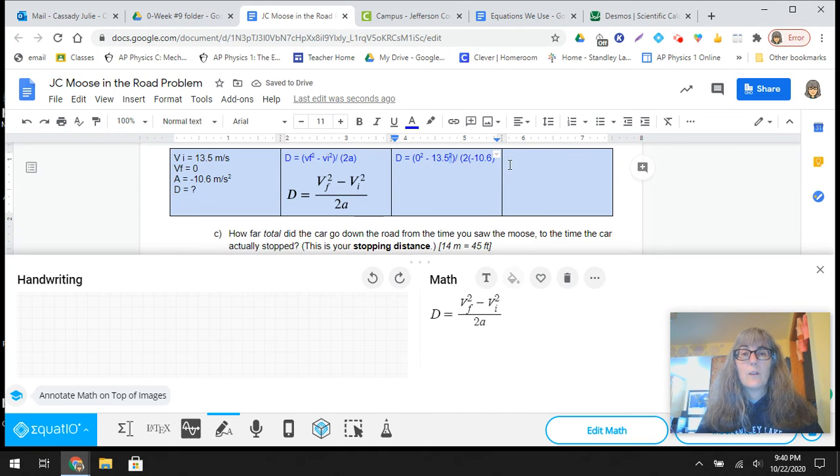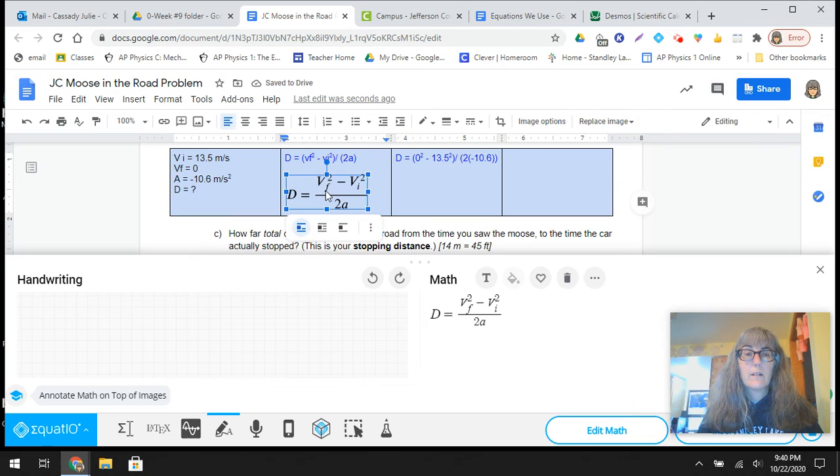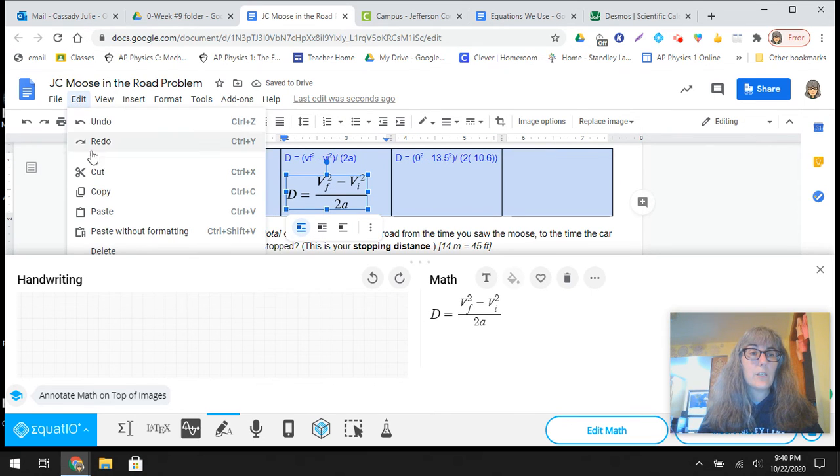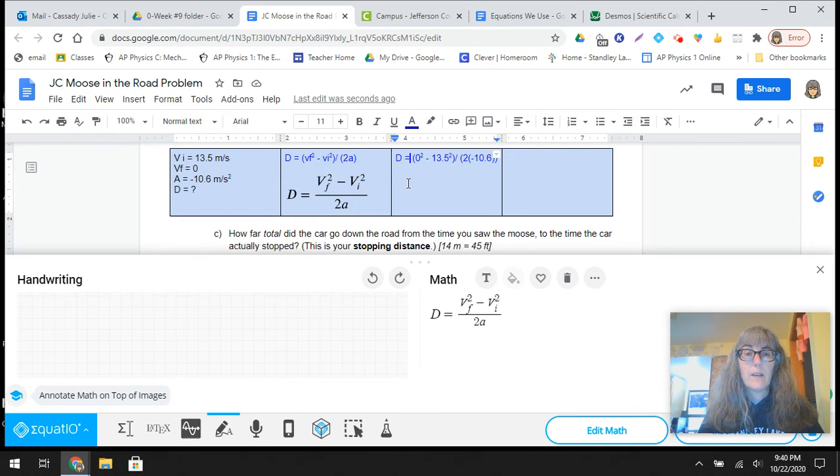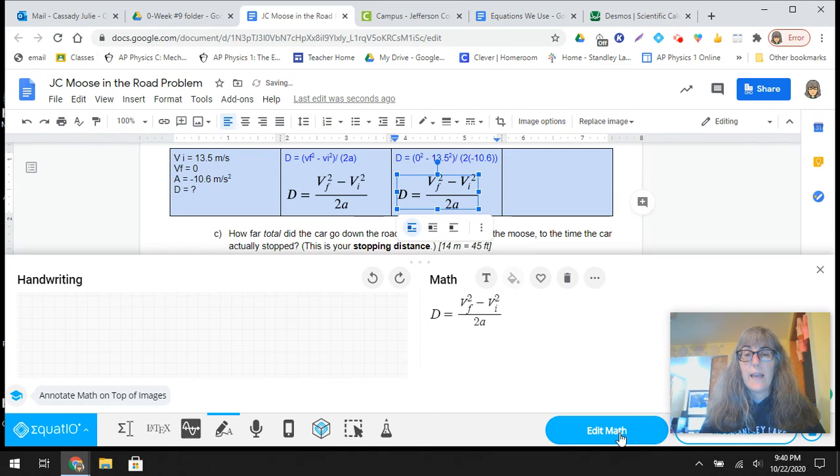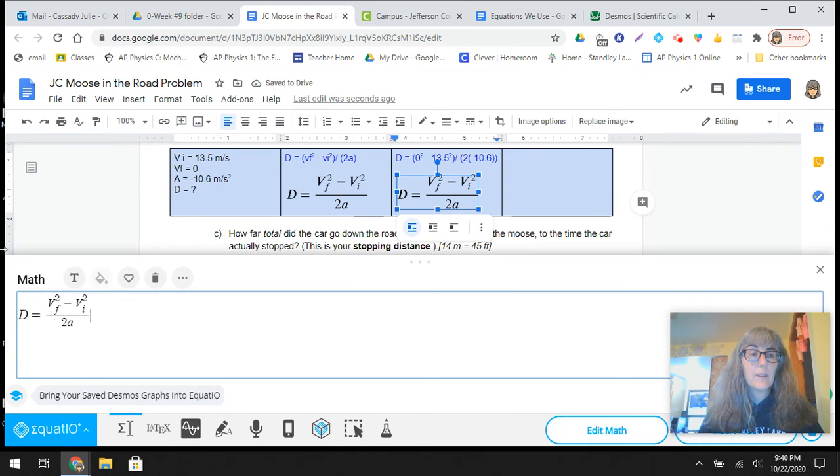And this is actually one of the places where Equatio is pretty cool because we can copy the equation that we just made and paste it here. And then we can edit math. So we can replace all of the stuff that we've got here with our answers, our substitution.